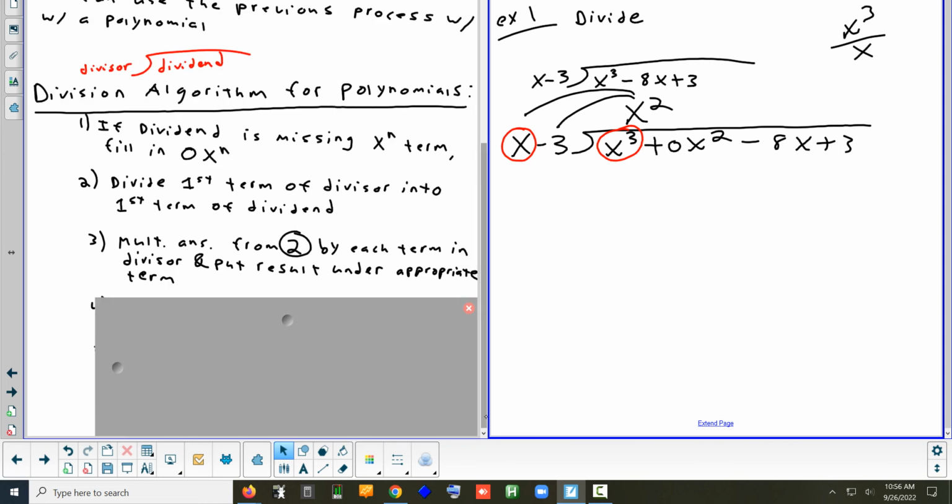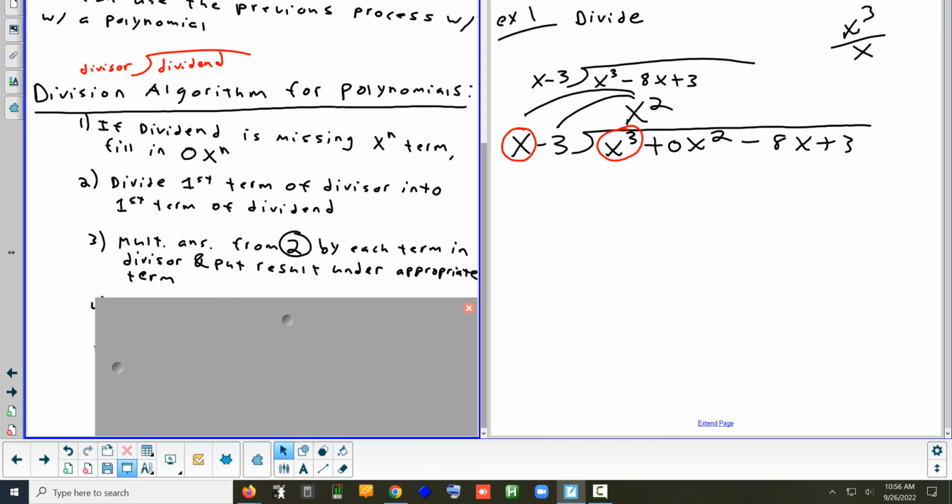And this is where it's important to line up like terms. Put the result under the appropriate term. What I mean there is make sure you line up like terms.